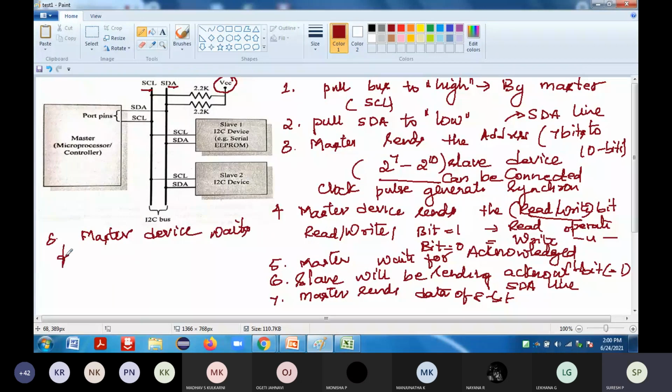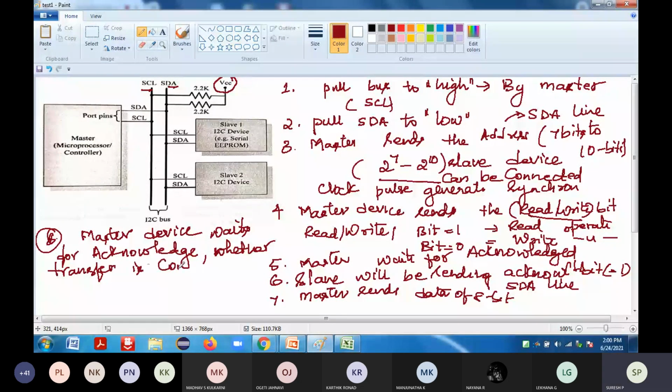For what acknowledgement is it going to wait? An acknowledgement stating whether the transfer is completed or not. That's what is going to happen there.